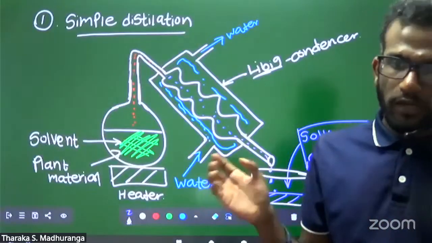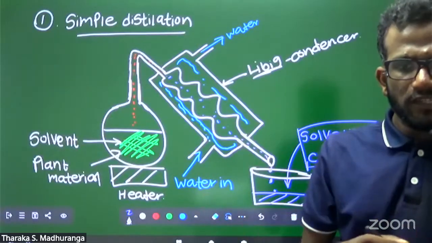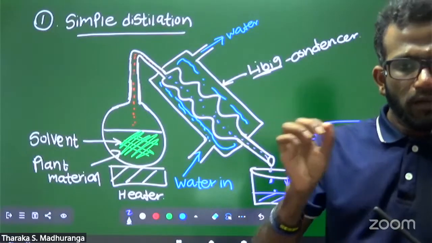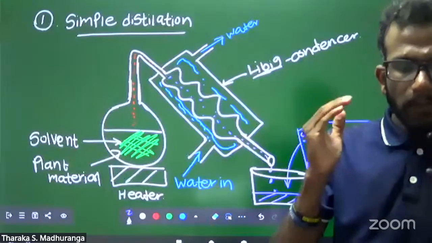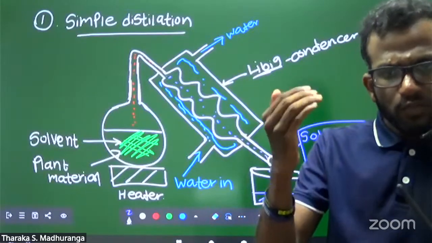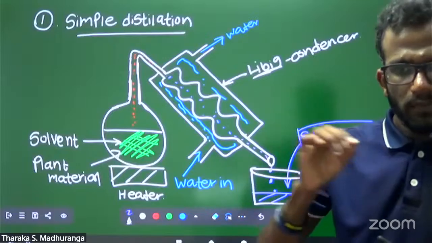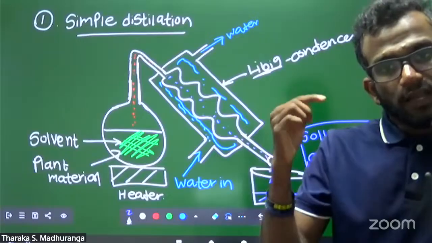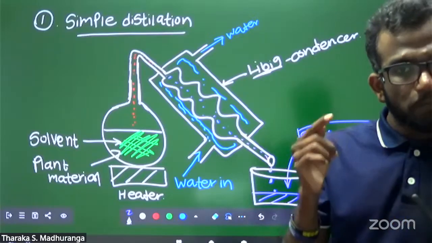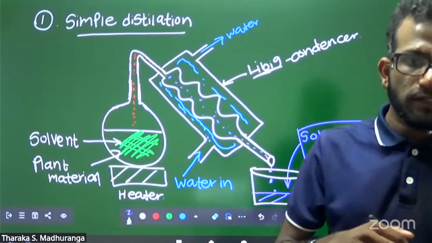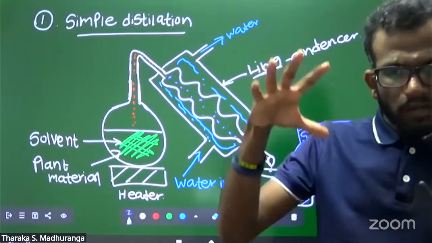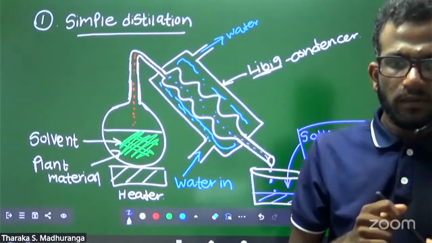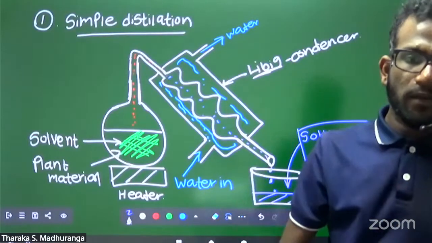Don't go into too much detail. I will discuss that in the paper discussions. If they ask to briefly explain, you need to give your answer within 2 to 3 lines. If they ask you to explain the steps of simple distillation, explain it like a small paragraph, not 2 to 3 pages.